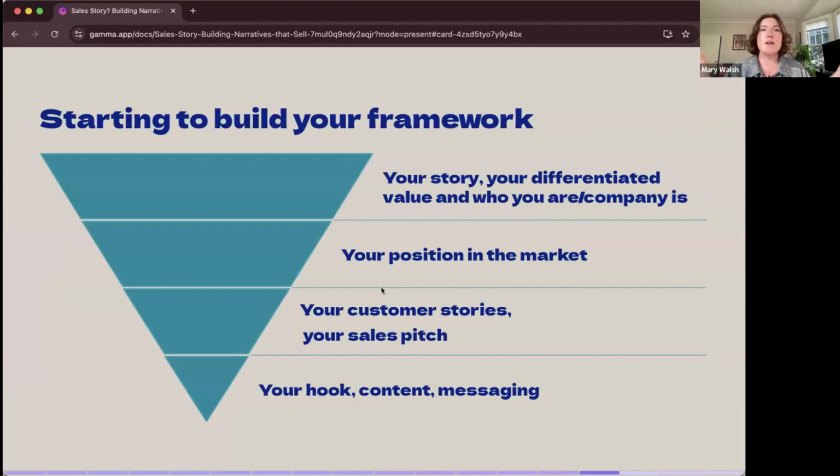The way that I like to think about it is we're starting to pull in these different pieces: the language that we use, our common language, our customer stories, our own stories, our differentiation. We're starting to understand our position in the market and where we are in the ecosystem of things. And that starts to build our pillars of what that means for these different areas.